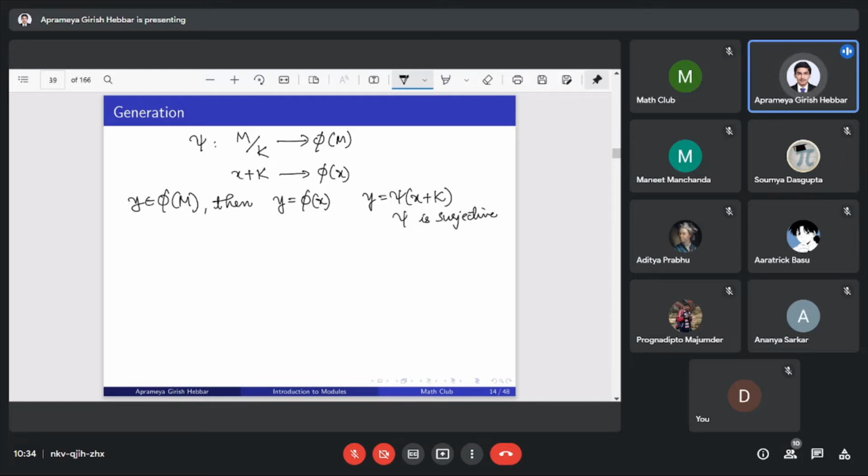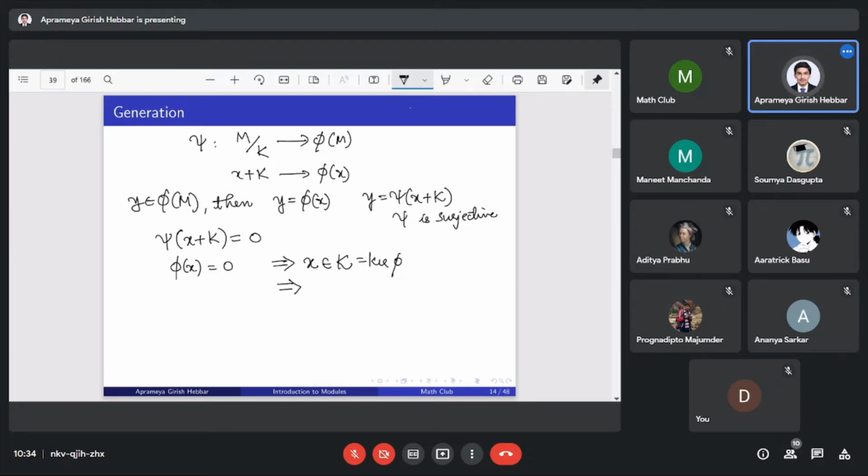Now why is psi injective? To prove the injectivity, let's try to find the kernel of psi. Let's suppose that psi of x plus K is equal to 0. So by definition, this is phi of x equal to 0. What does this mean? This means x belongs to K, the kernel of phi, because phi of x is 0.